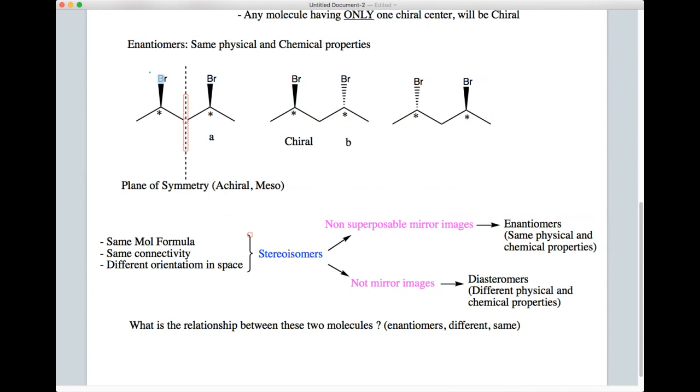Okay, so I'm gonna ask another question here. What's the relationship between B and C? So what's the relationship between molecule B and molecule C?